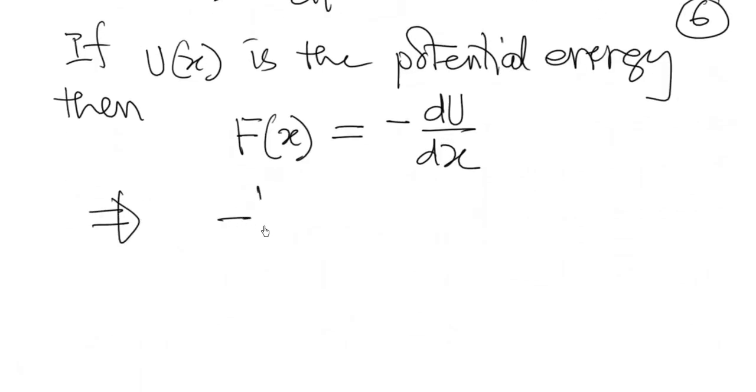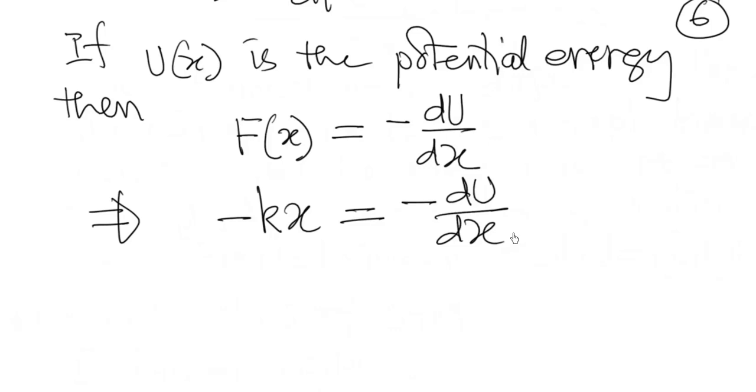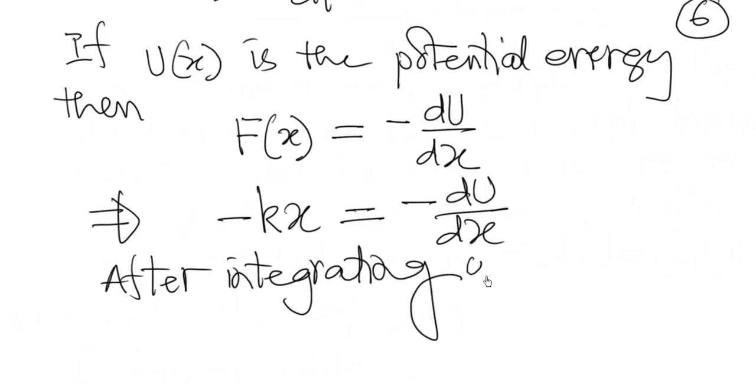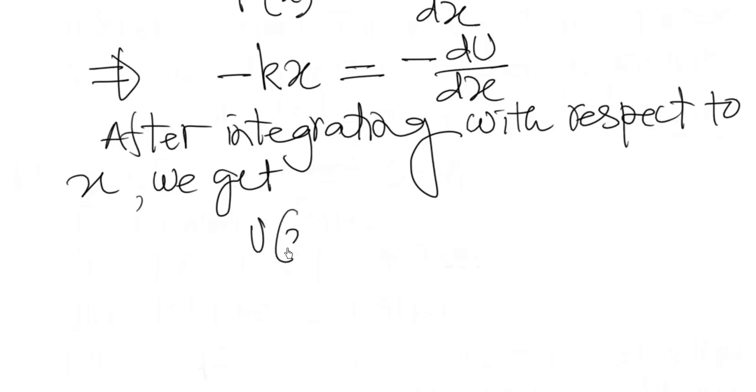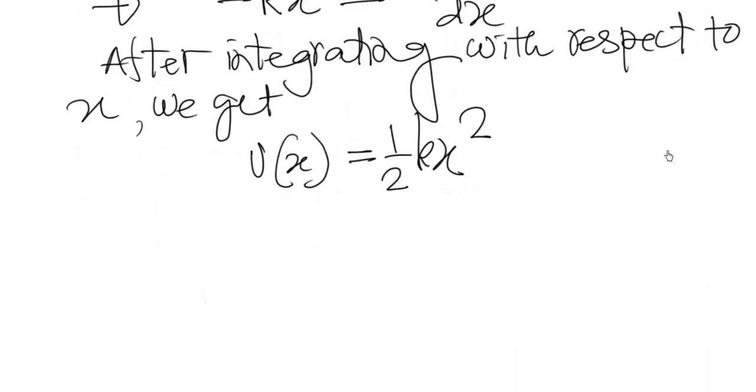And this gives us, after integrating with respect to x, we get U as a function of x equal to half k x square. So you see this is equation 7. This is the potential energy.